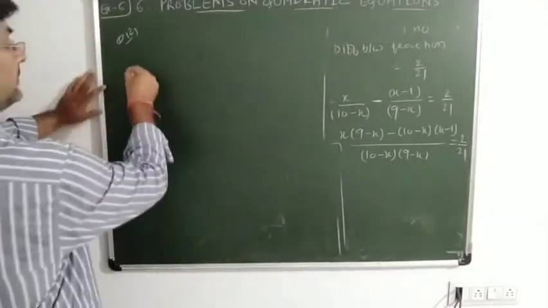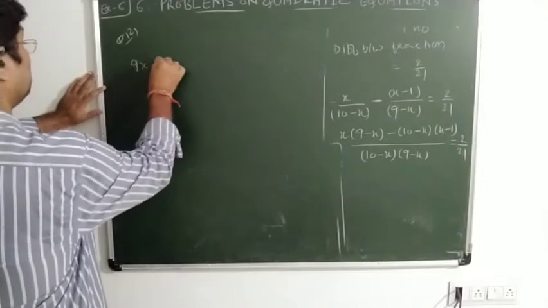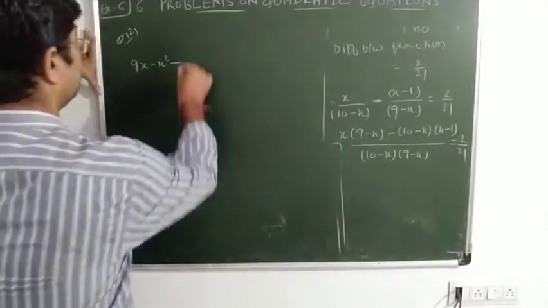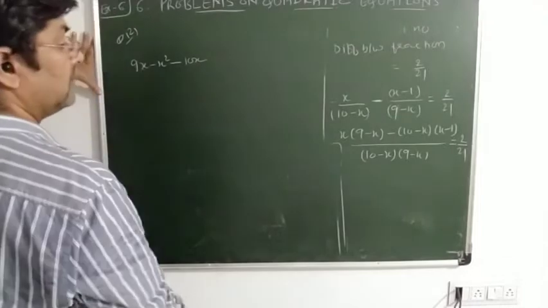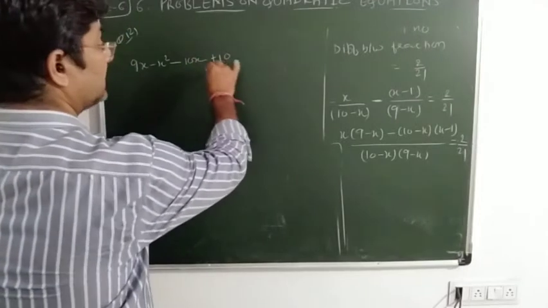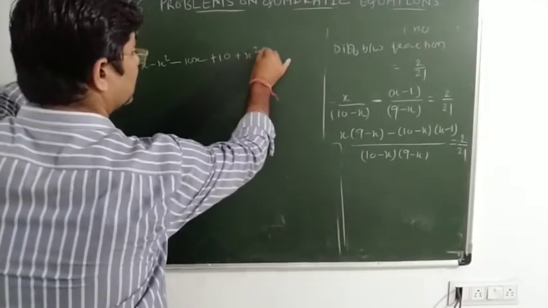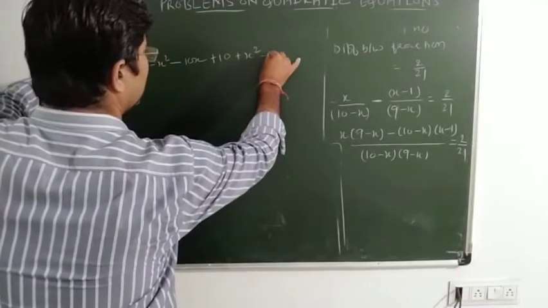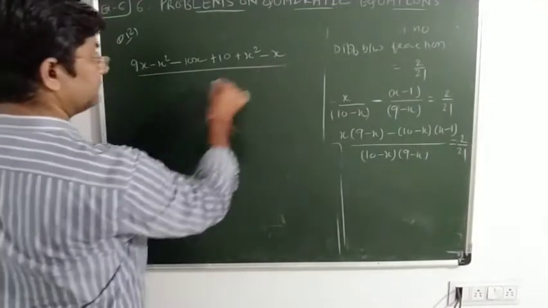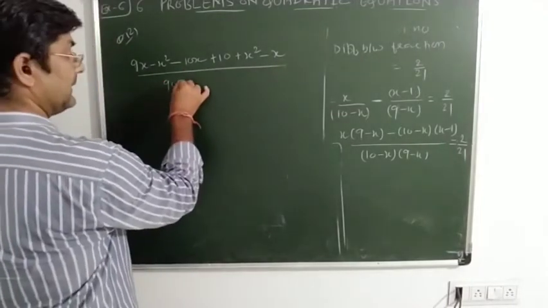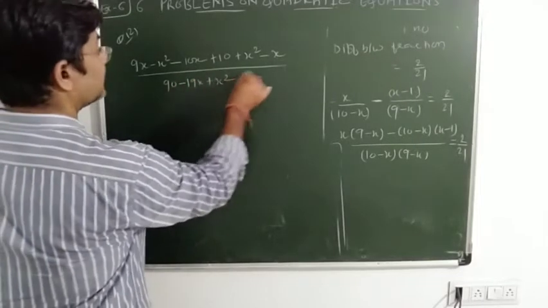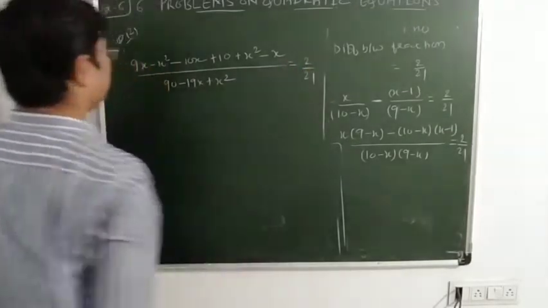Okay, so 9x minus x square, okay, minus 10x minus 10, so plus 10, plus x square minus x, okay, upon 10 9s are 90, minus 10 minus 9, minus 19x plus x square is equal to 2 upon 21.